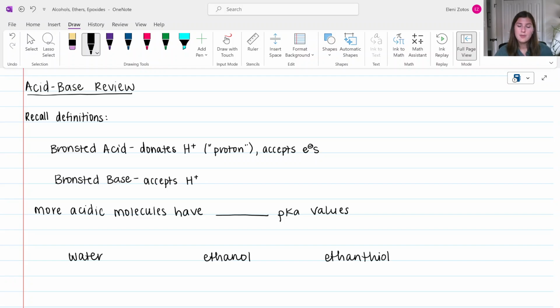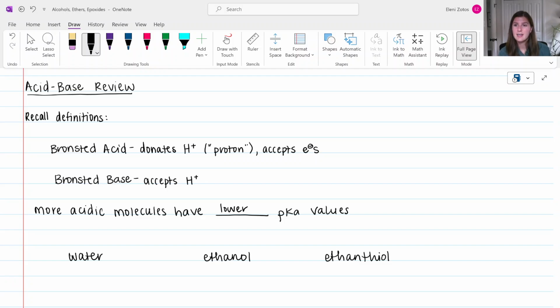We describe the acidity of molecules with acidic protons, so the acidity of Bronsted acids, with pKa values, where more acidic molecules have lower pKa values. So the lower the pKa, the more acidic that proton is on the molecule.